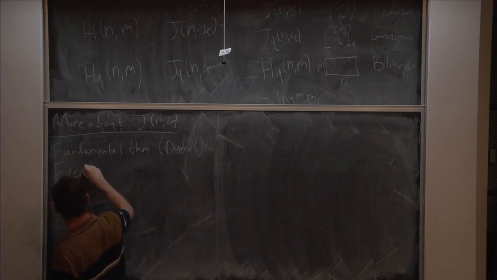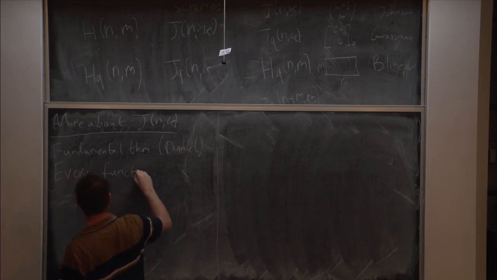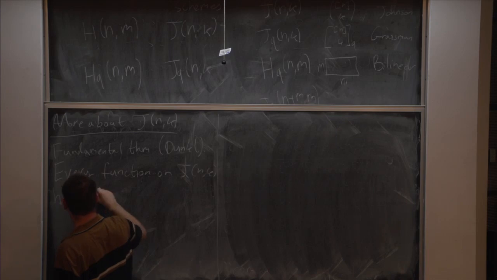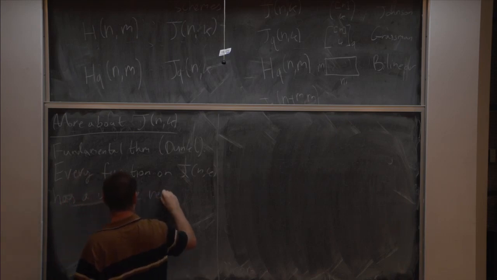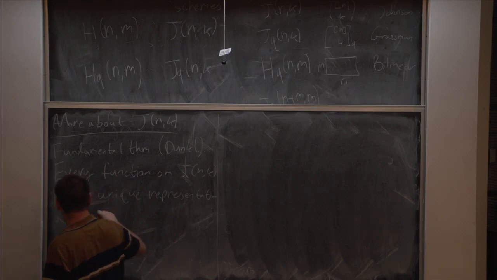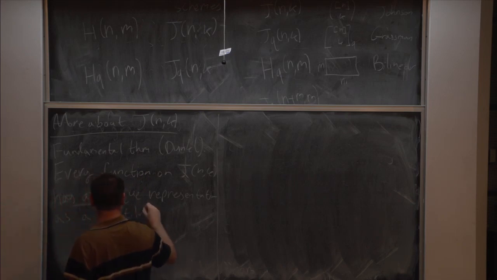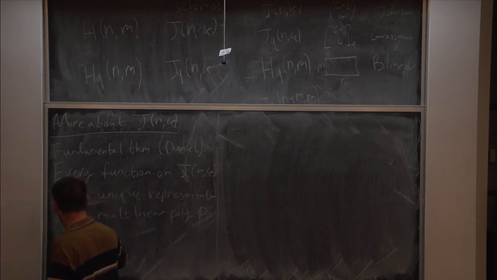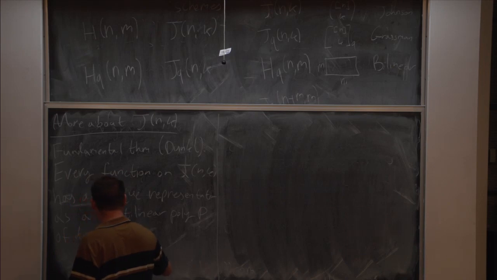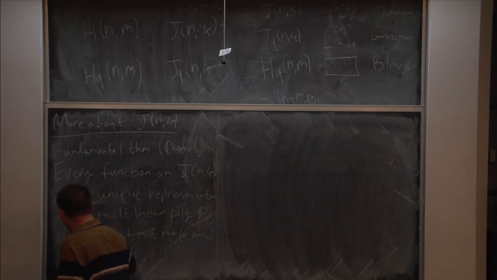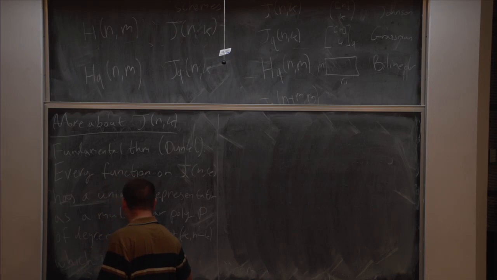Every real-valued function on J(n,k) has a unique representation as a multilinear polynomial P of degree at most the minimum between k and n minus k, which is harmonic, which is not what you think.